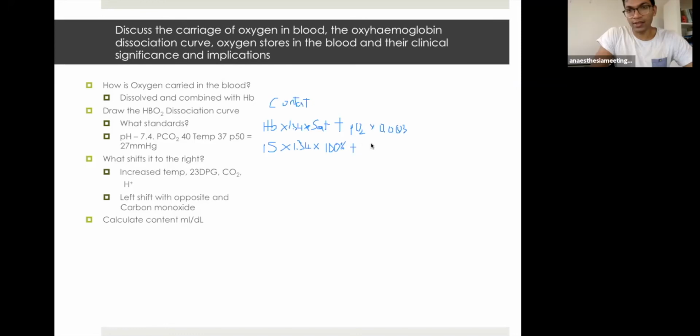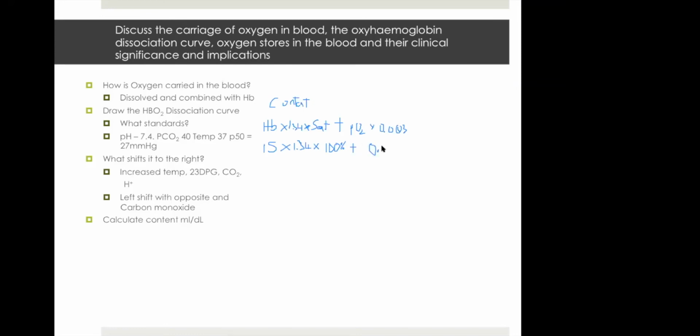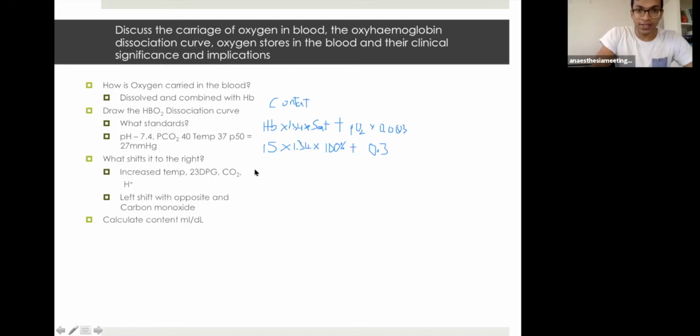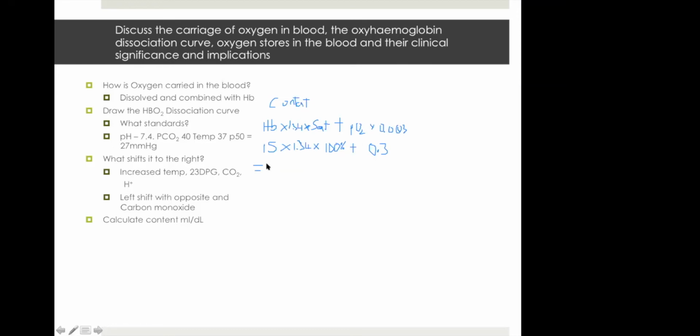Sounds good. Times the 0.003. Beautiful. And what final result do you get here? Approximately 1,000 mils of oxygen per minute.